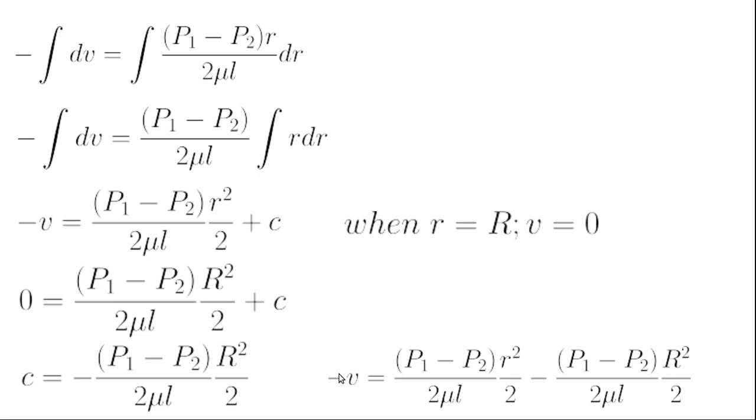So we are left with minus V equal to this part having r squared, then minus our C, which is this part, and that's what we have here. On simplification we have our V equal to this. If we rearrange by taking the minus to this side, we'll have this expression.